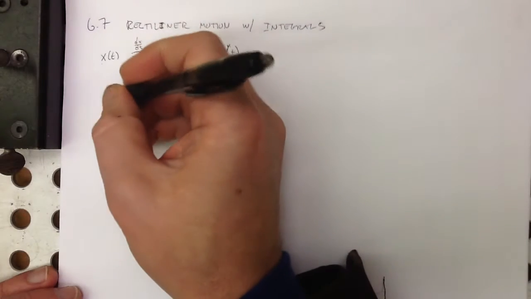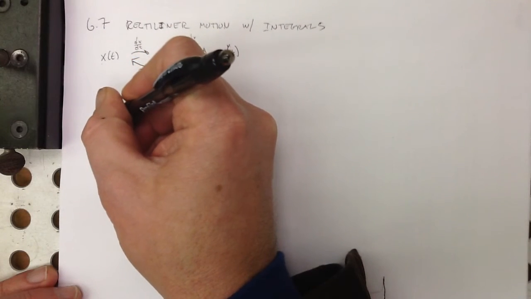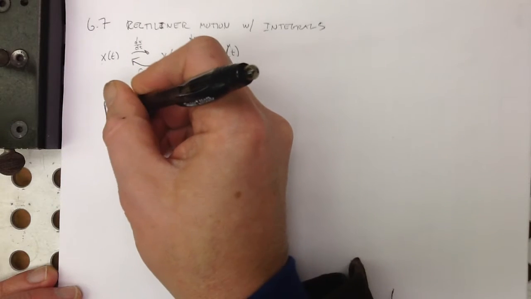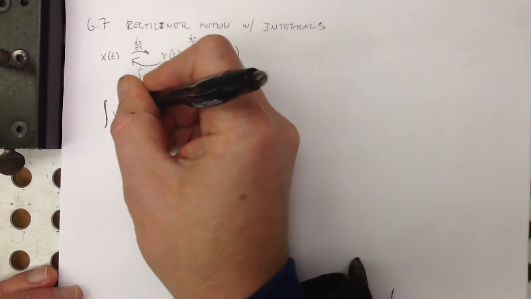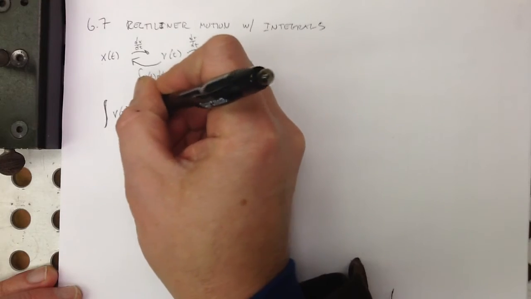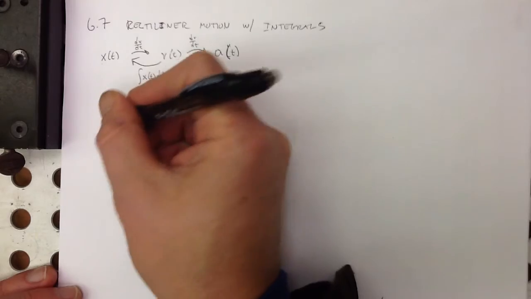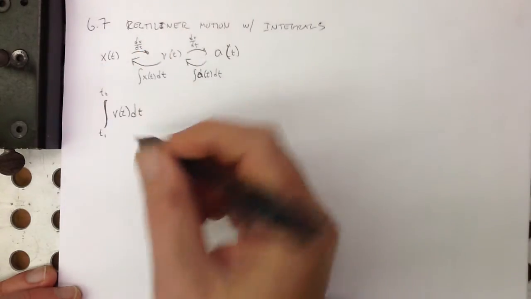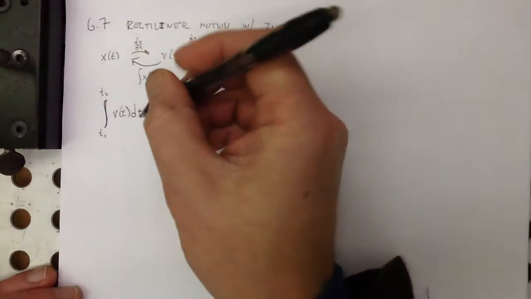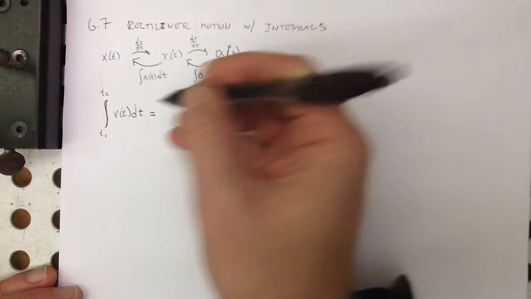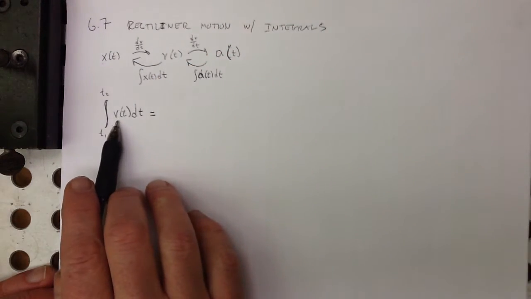And the most important thing to realize is that if we do take the definite integral, from some time to some other time, of velocity with respect to time, then the fundamental theorem of calculus tells us all we need is an antiderivative of this, right?